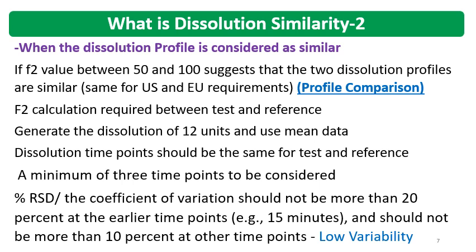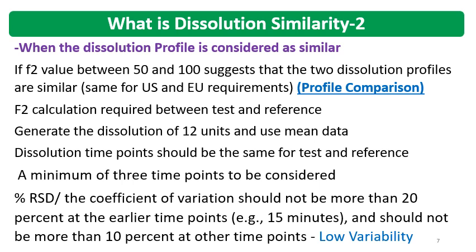A minimum of 3 time points should be considered. This is a regulatory requirement, similar for US and Europe and many other authorities. You can also consider 4 time points, but the minimum should be 3.